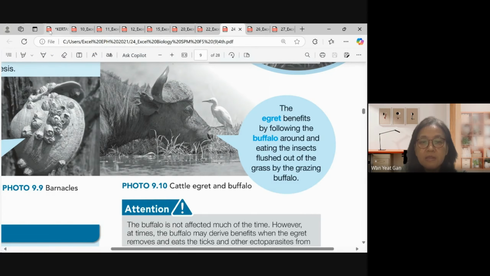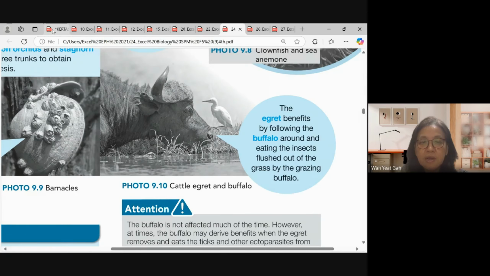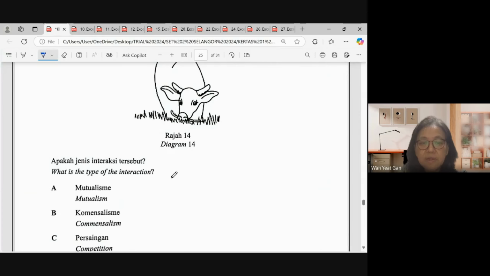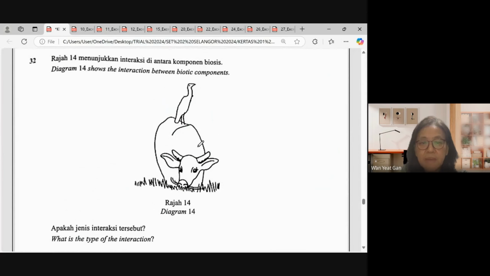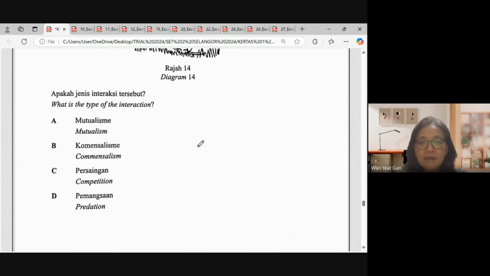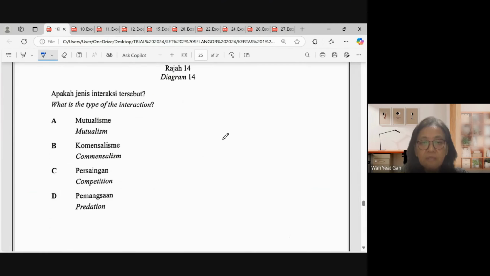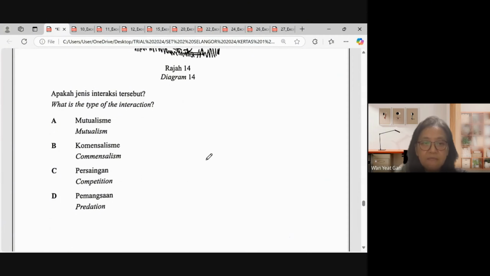The egret benefits by eating the flies, but the buffalo does not benefit from this interaction. So one benefits, the other organism neither benefits nor is harmed. So the answer is B, commensalism.